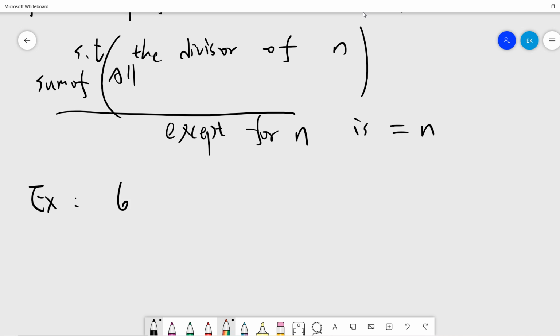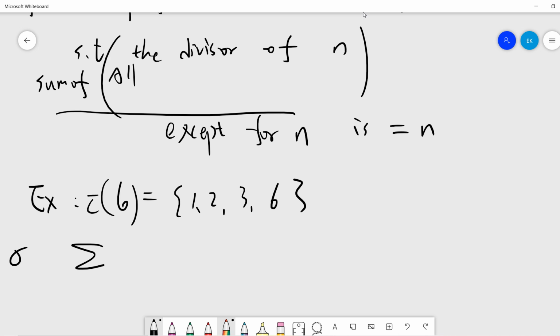So for example, 6 has divisors 1, 2, 3, 6. I use sigma(n) to denote the sum of d over all d that divide n.